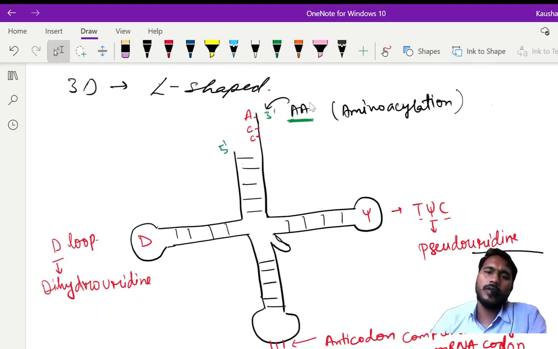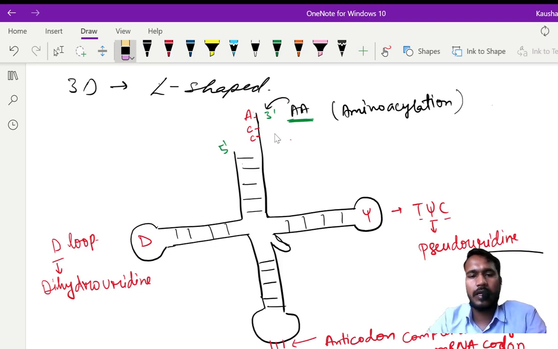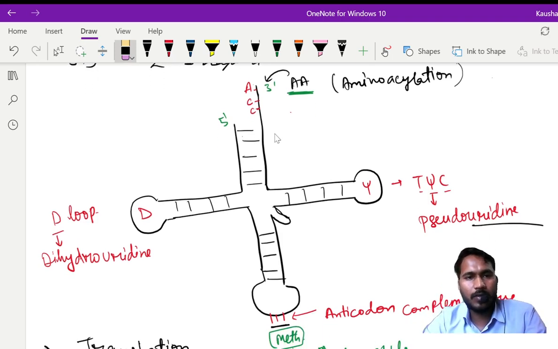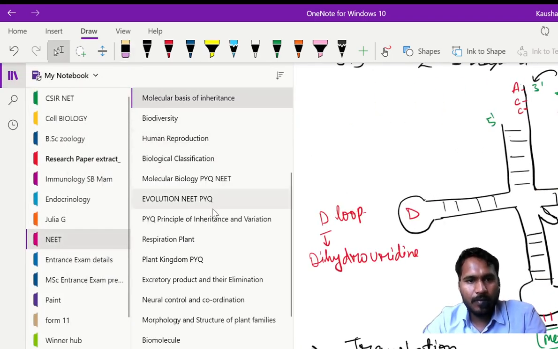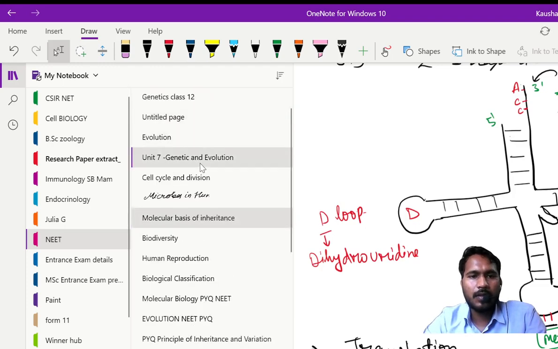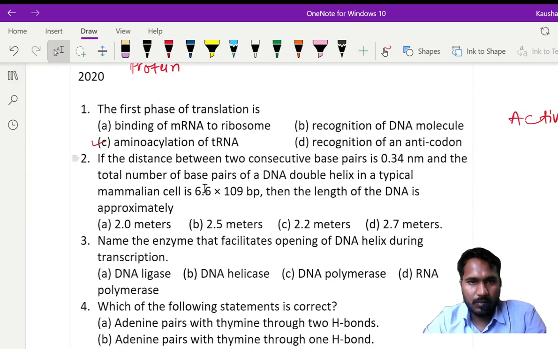Whenever the amino acid binds to the 3 prime end with the help of ATP, remember it, then it is called activation of tRNA or aminoacylation of tRNA. Let's come to the question again. So the answer is aminoacylation of tRNA.